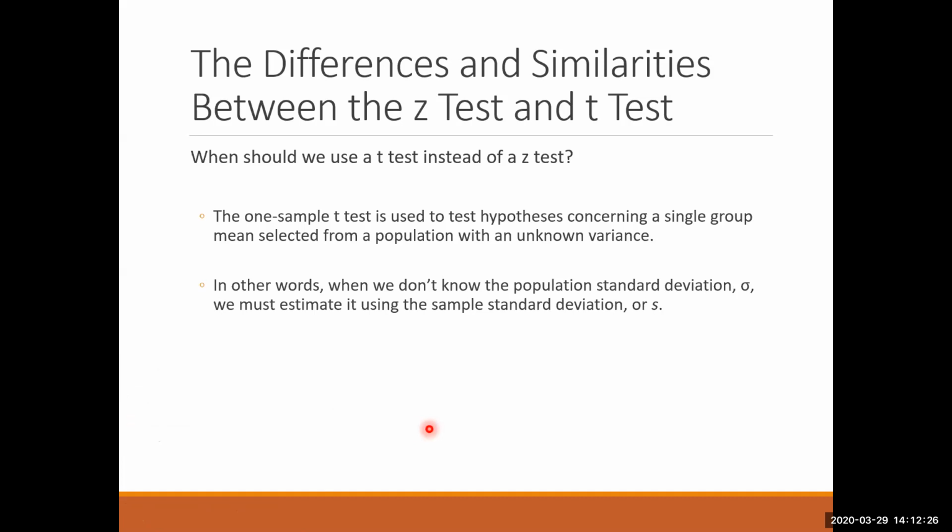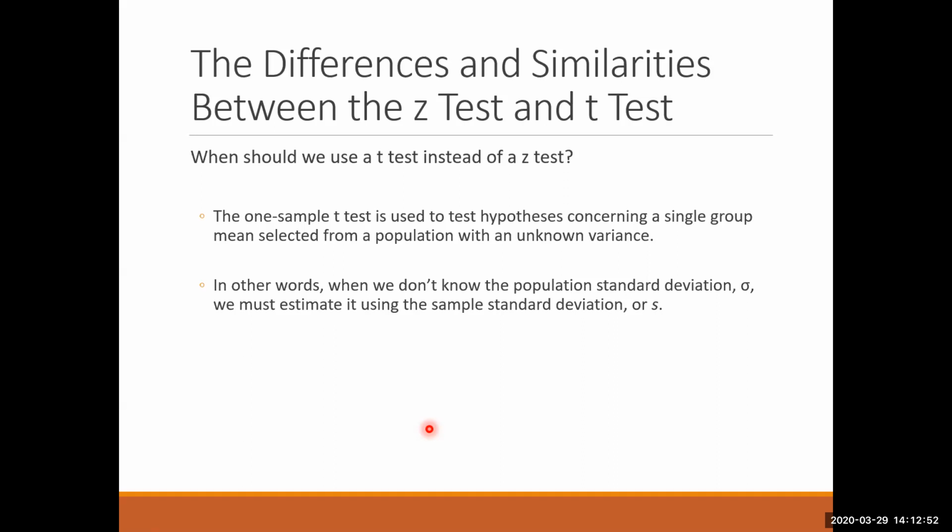So in other words, when we don't know the population standard deviation, what we're going to do is estimate that standard deviation, or estimate the variance for that. And we're going to use a sample standard deviation, right? So we're going to run through the calculations for a sample standard deviation.